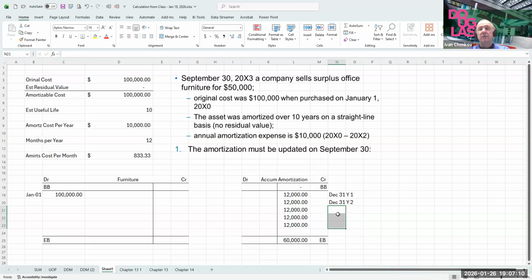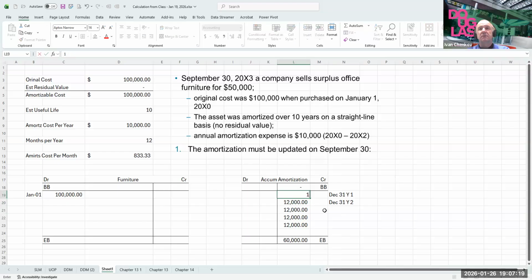So the first year I have 10,000, and the second year I have 10,000. No more for third, fourth, and that's why I am at year two. So at this point, my net value is 80,000. That's how much I still have to amortize over the remaining periods.